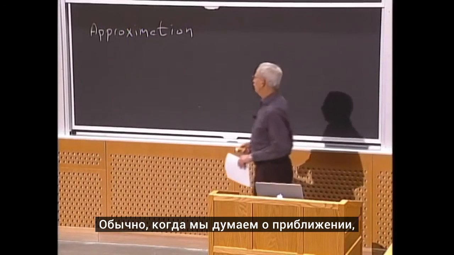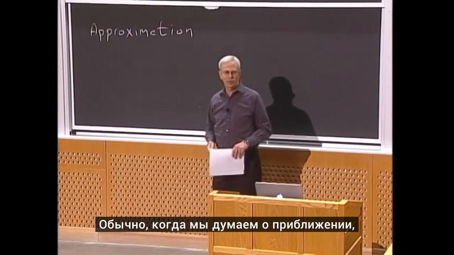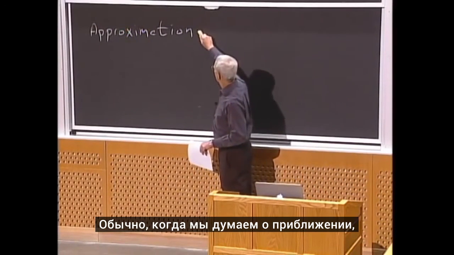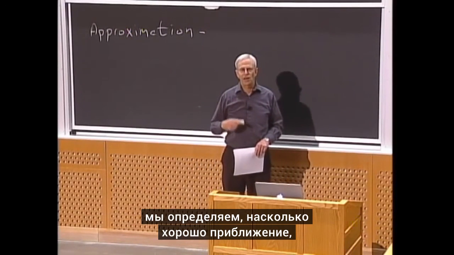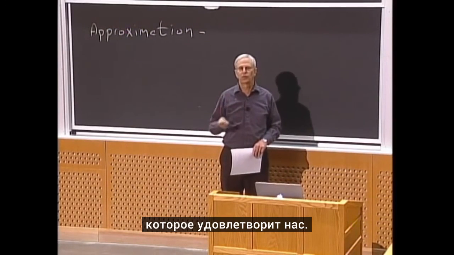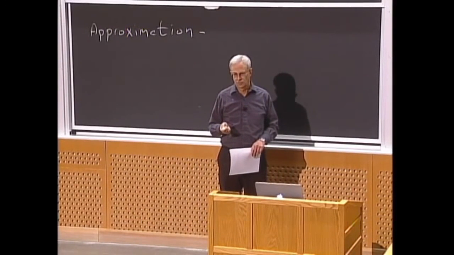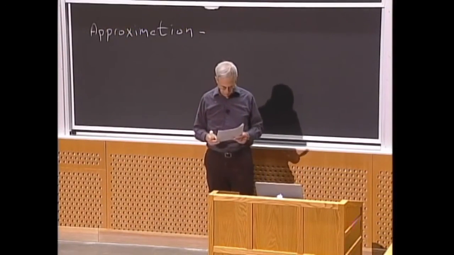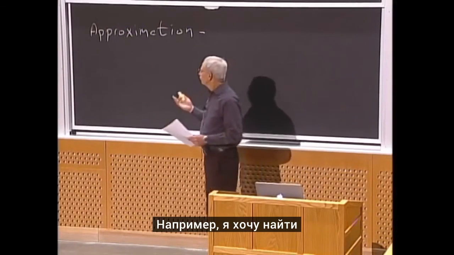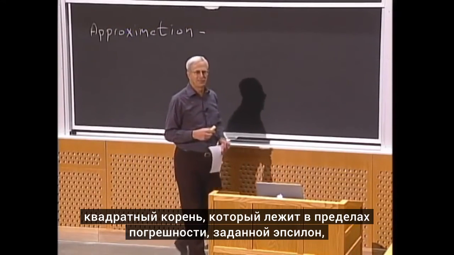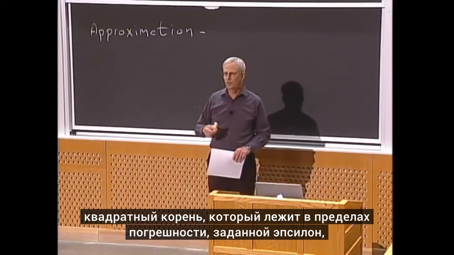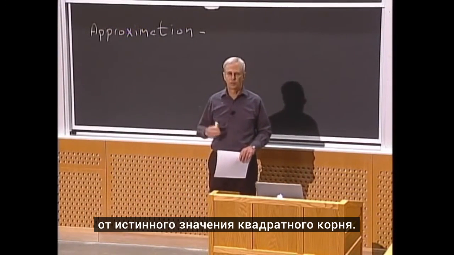Typically, what we do when we think about an approximation is we define how good an approximation we're willing to accept. So, for example, we might want to say, all right, I want to find a square root that lies within epsilon of the true square root.